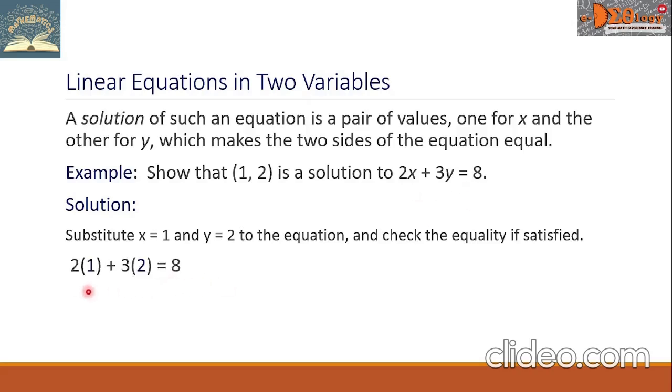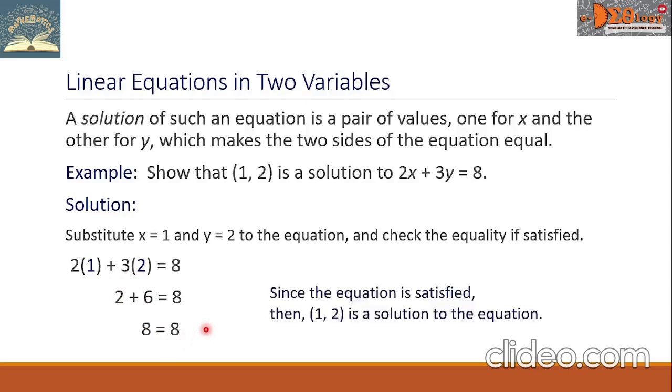So it becomes 2 times 1 plus 3 times 2 equals 8. 2 times 1 is 2 plus 3 times 2 is 6. The sum 2 plus 6 is 8, which is equal to the value on the right, which is 8. Since the equation is satisfied, then the ordered pair (1, 2) is a solution to the given equation.